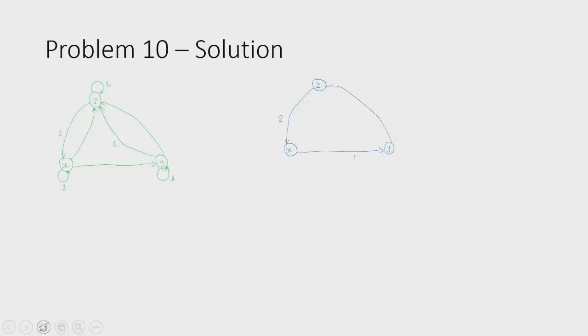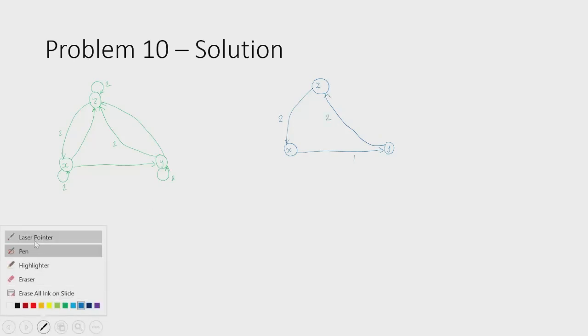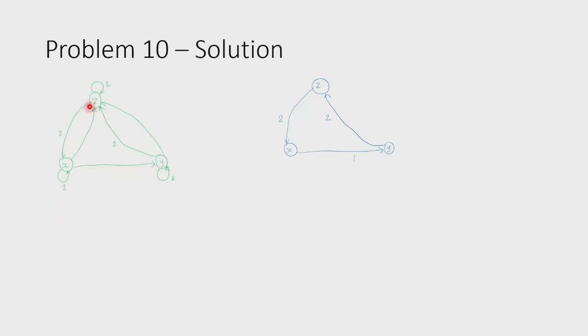This is a valid cycle cover. Now let's see if there are other cycle covers. Now suppose we take this edge from Z to X. Then we can also take this edge back from X to Z because to include Y we can just use this self loop.